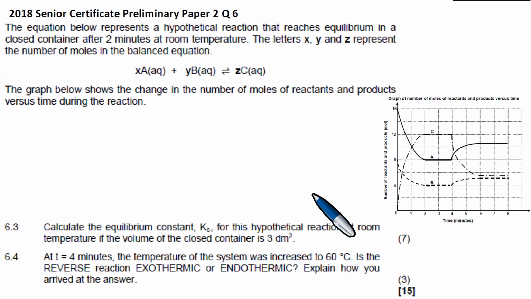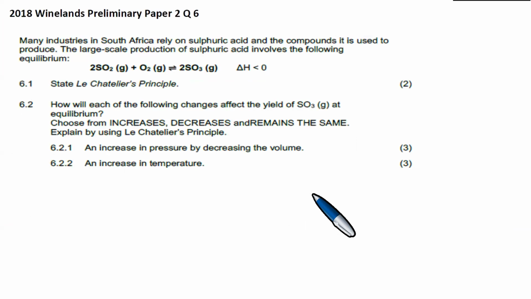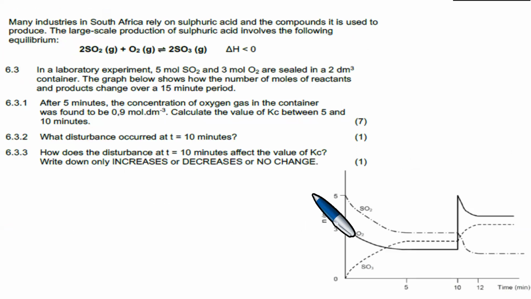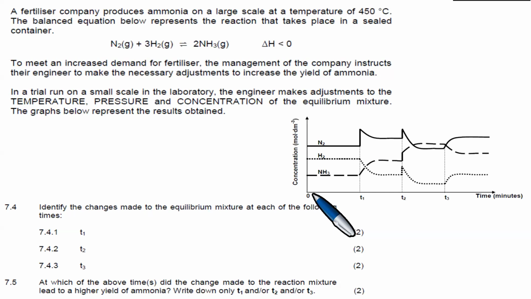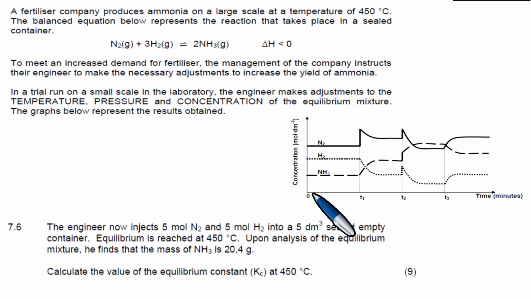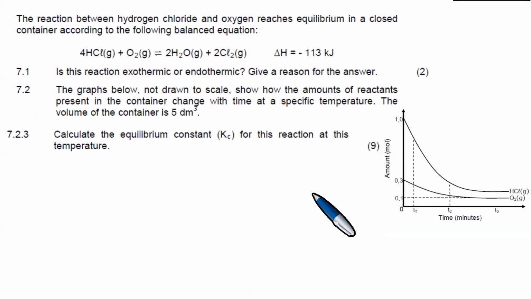Okay, then we have exactly this question that was discussed earlier, and then we have this one from the KZN province, and then we have the Winelands question, and we have a couple of those questions and a lot of the questions like this one here. We have this one from a document. We have exactly this one also from your document.